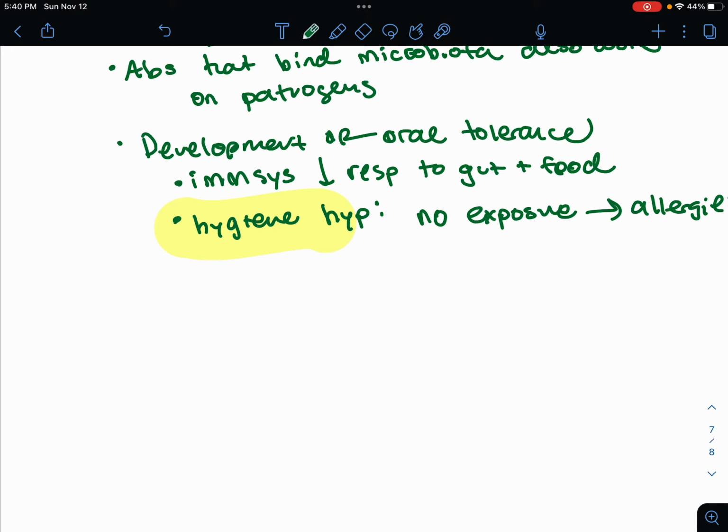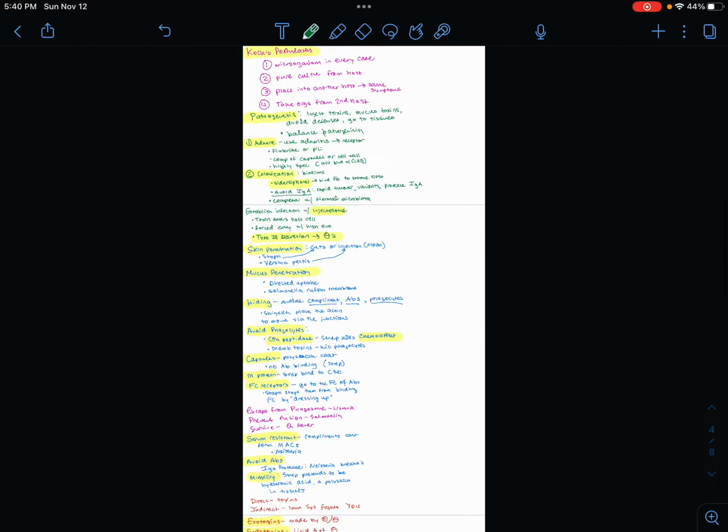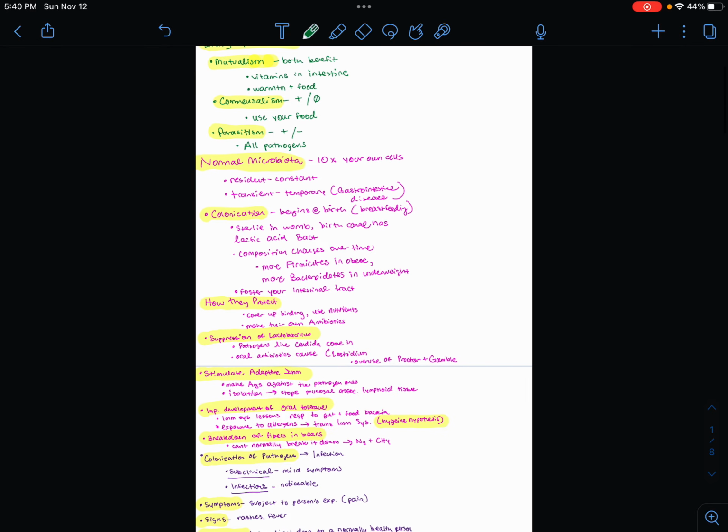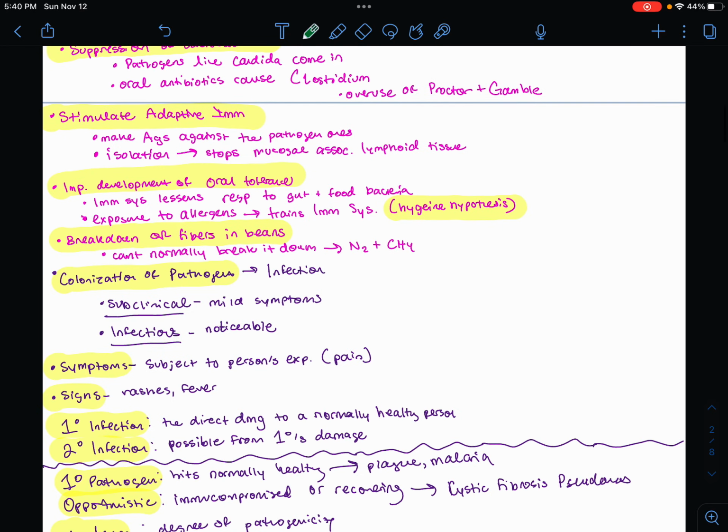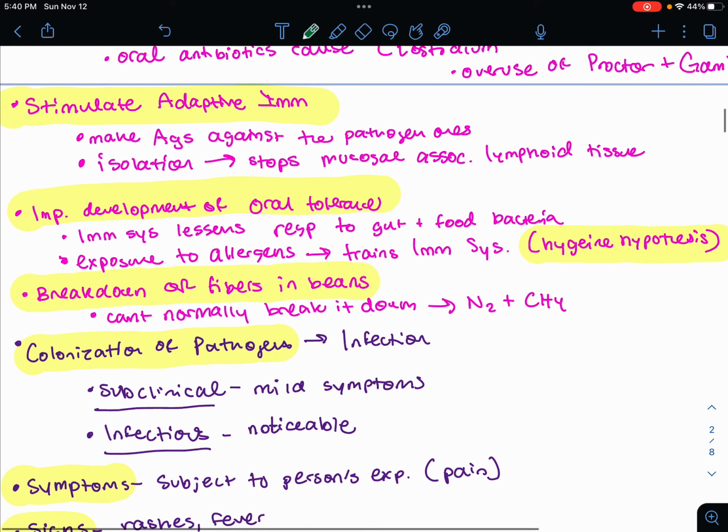And then they also help digestion. For example, there's a species of bacteria that helps us digest beans. Let me pull it up here. It's the breakdown of fibers, specifically in beans. Normally we cannot break it down. However, when we have those bacteria in our gut, there's a specific strain of bacteria that live there.